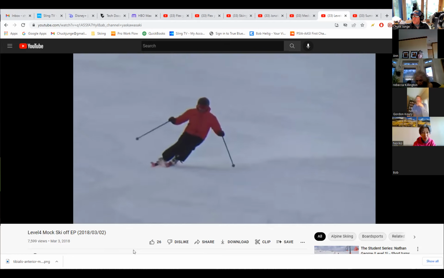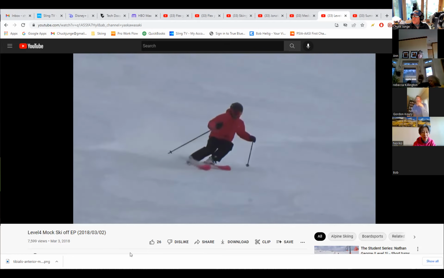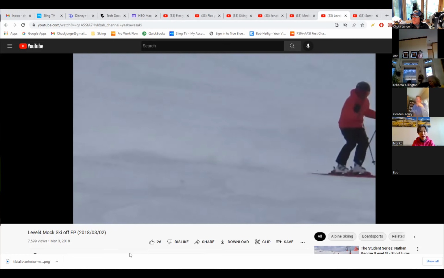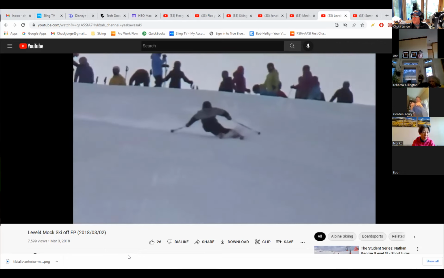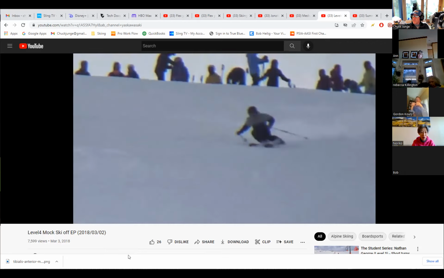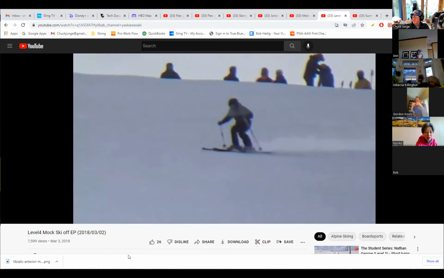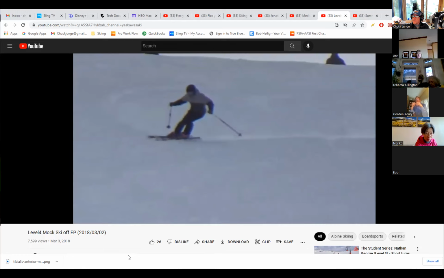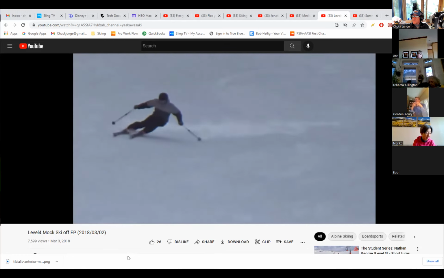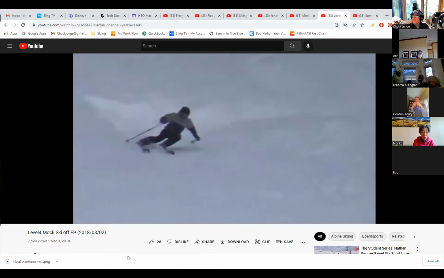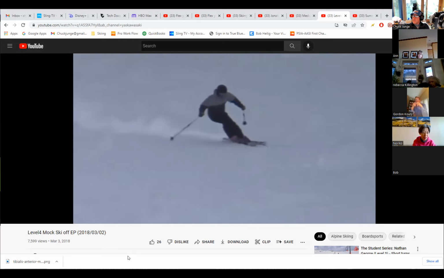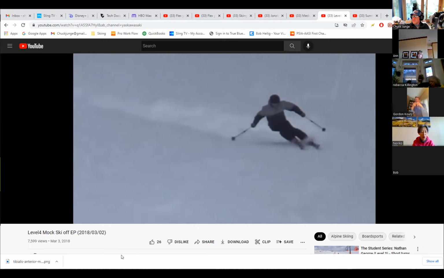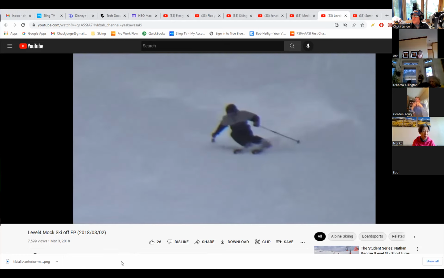It's really interesting that you're pointing out that these are great skiers and their ankle angles don't really change, because, as I mentioned last week, none of us have much ability to dorsiflex; it's really limited.